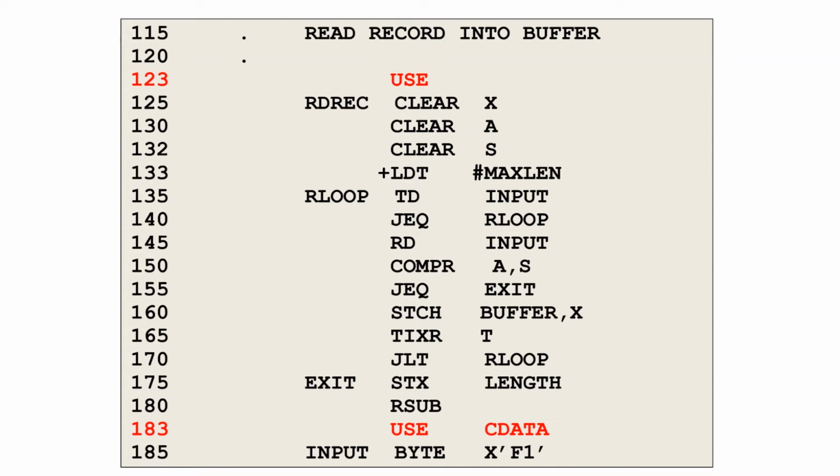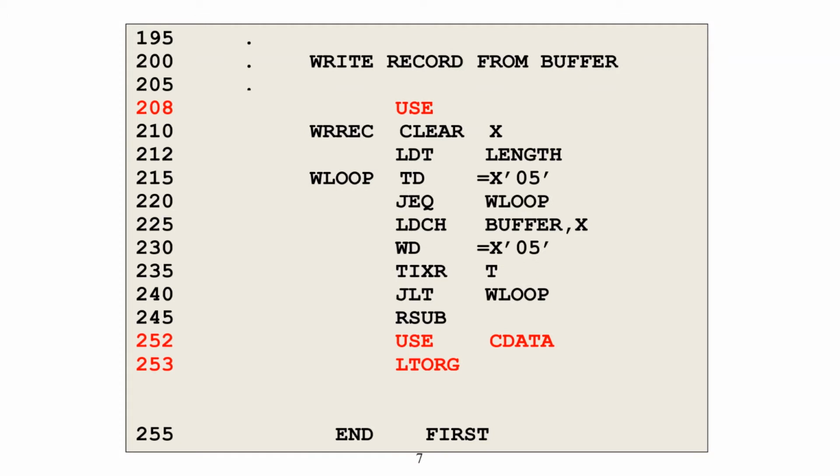Next, after that you can see USE with nothing specified, so the preceding lines are all part of the default block. Then again you have C data, that means the next line comes under the C data block. Next, again you have USE, that means these lines are part of the default block.